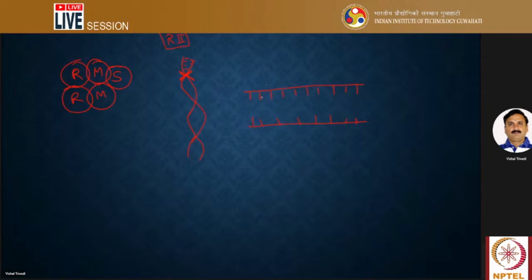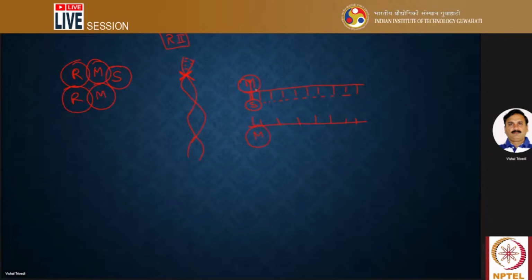The first thing that will happen is that the S is going to enter the DNA and scan the whole DNA. You can imagine that you have one M on this side, and the other M is on this side.